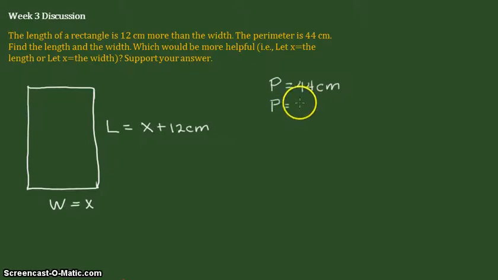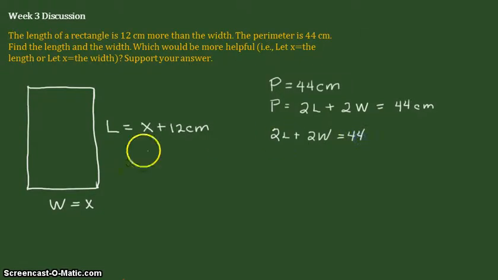The formula for perimeter for a rectangle is 2 times the length plus 2 times the width, and all of that is equal to 44 centimeters.